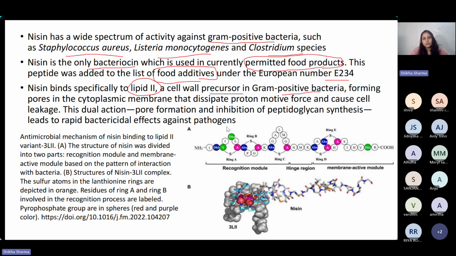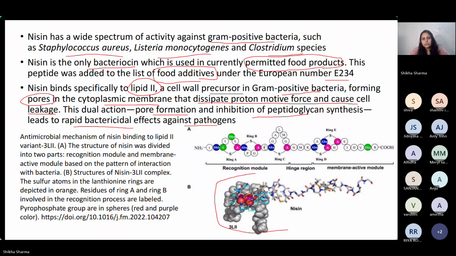So it binds with the gram-positive bacterial cell wall and forms pores in the cytoplasmic membrane, which dissipates the proton motive force and causes cell leakage. This dual action of pore formation and inhibition of peptidoglycan synthesis leads to a rapid bactericidal effect against the pathogens. So this is the nisin molecule.